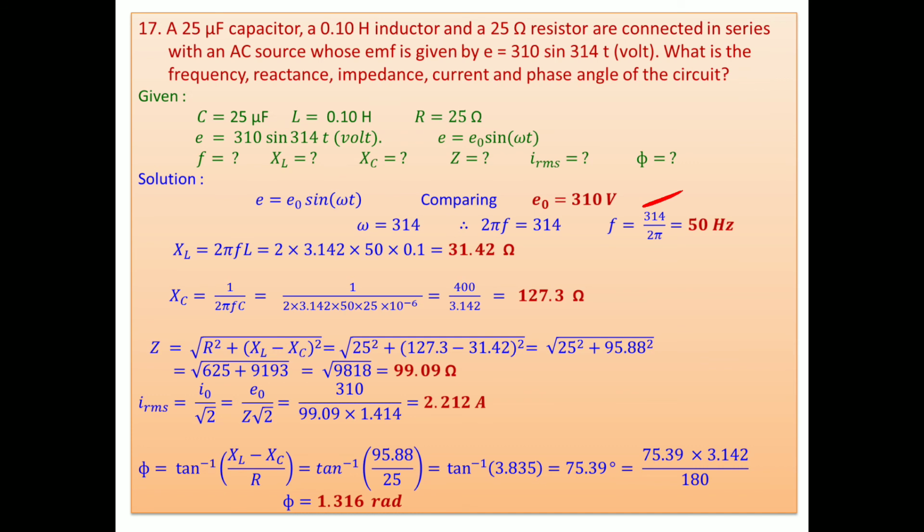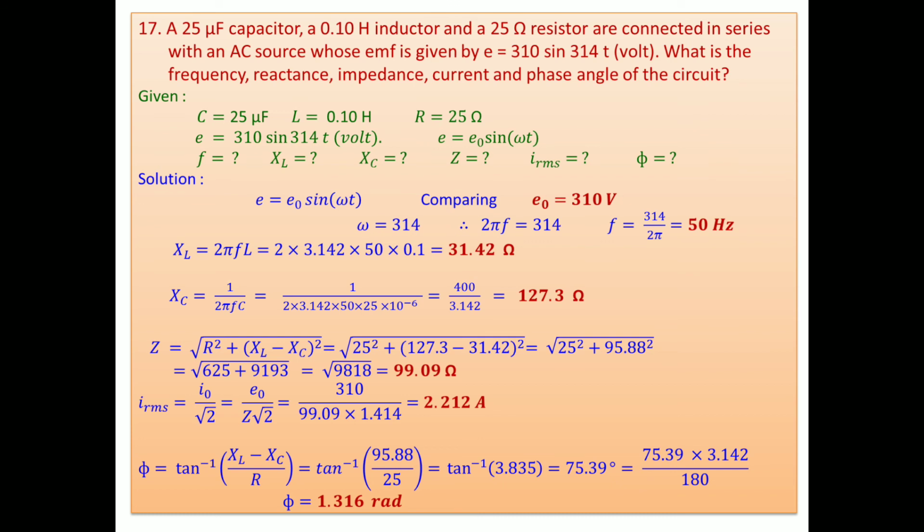You get the inductive reactance, you get the capacitive reactance, and you know the resistance. Then you get the impedance Z equal to square root of R square plus bracket X L minus X C square. Thereafter, 25 square plus 127.3 minus 31.42 square, a difficult problem, quite.